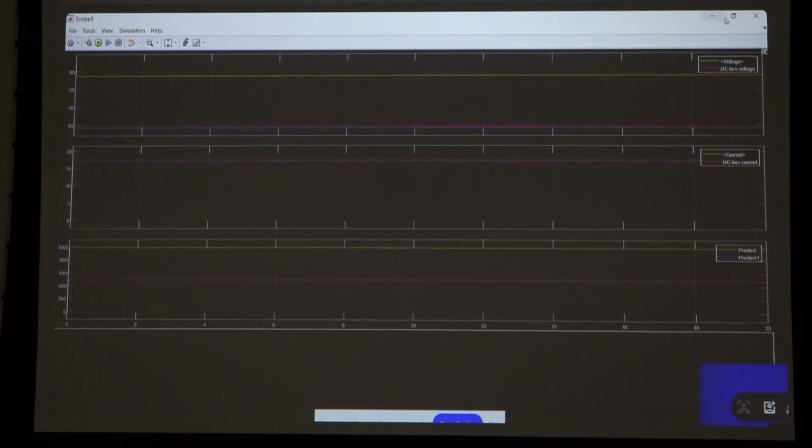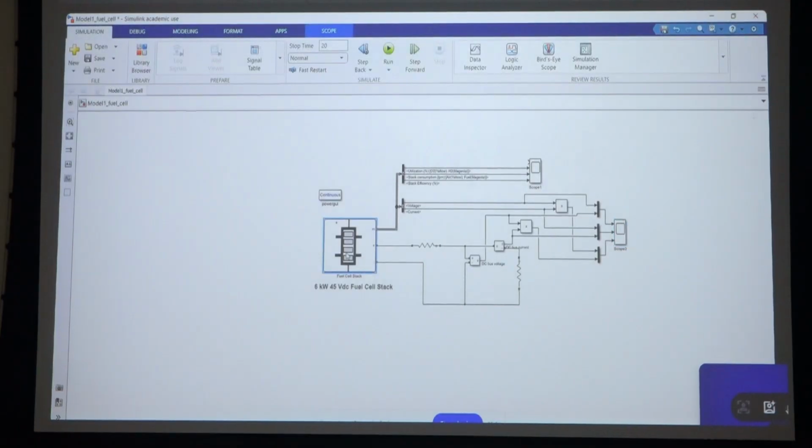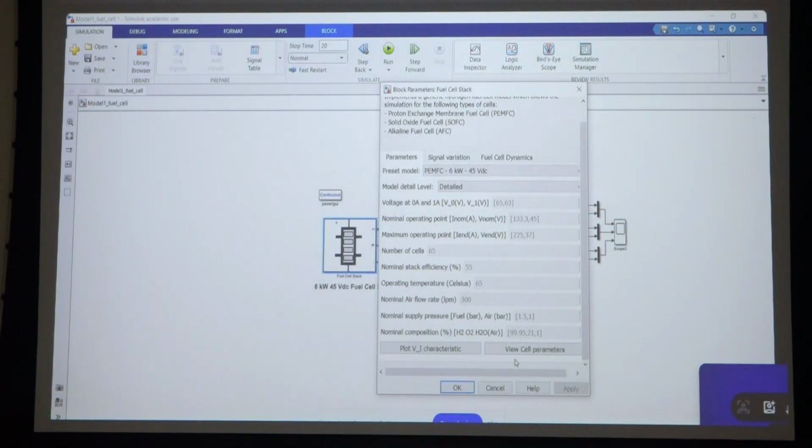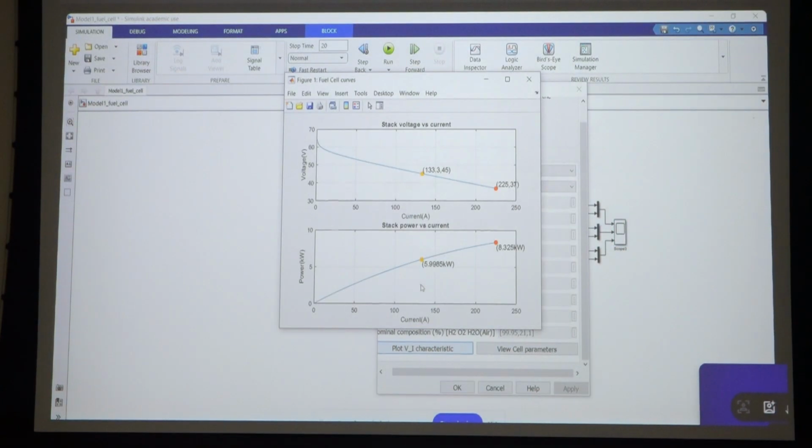So if we go back again to this fuel cell model, for example, the VI characteristics, we can operate this fuel cell in any region of this characteristics line, any region. But this one is only our nominal operating point.